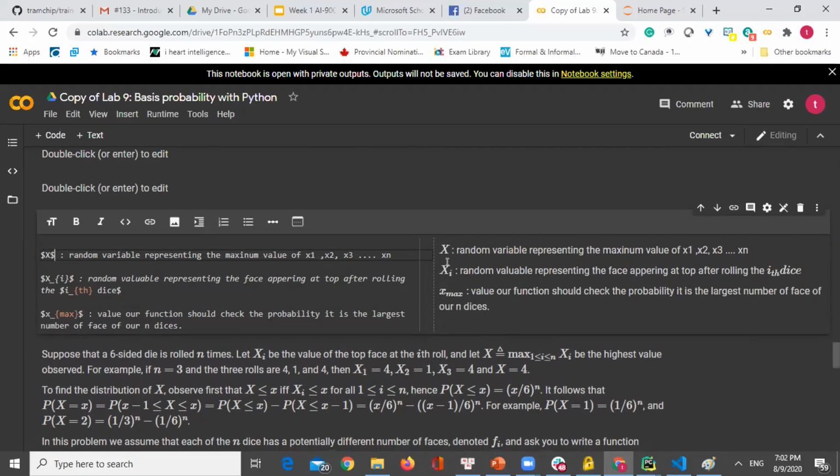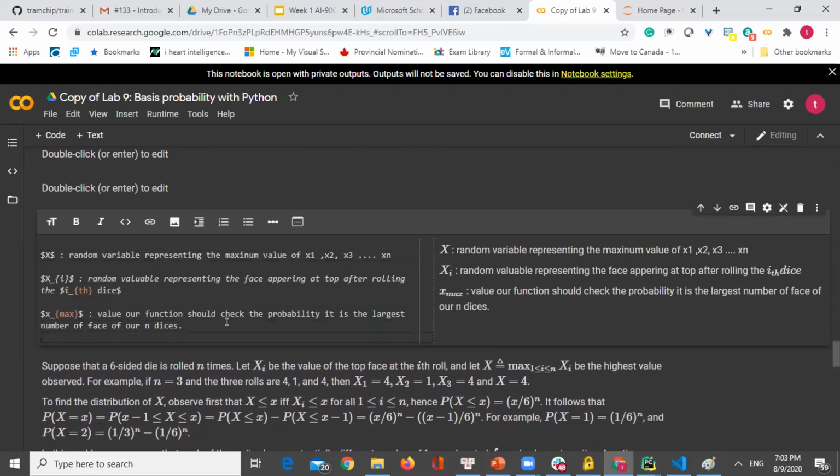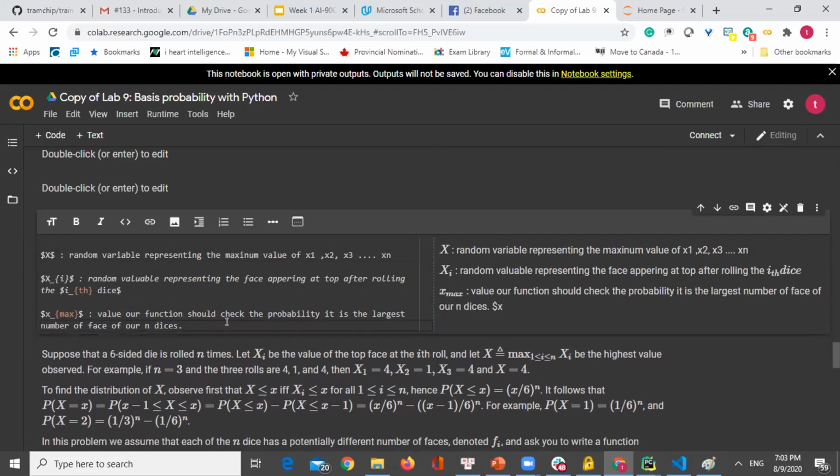So this is the big X. So, what is the small X? Like this one. It's the same thing as X max in our case. Just that I started using X max because the function that asks you to write is using X max. But the example uses X. Oh, okay.